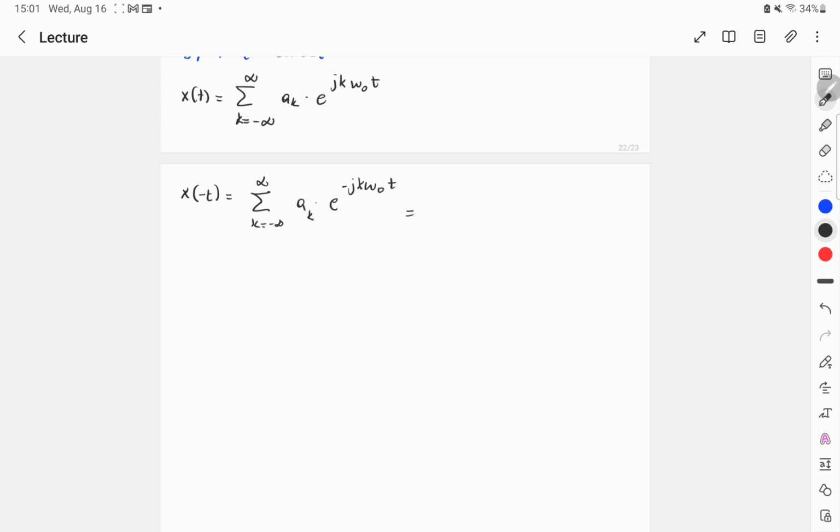And we already know that omega 0 was equal to 2 pi over capital T, which gives us the period. So it is also equal to pi over t.